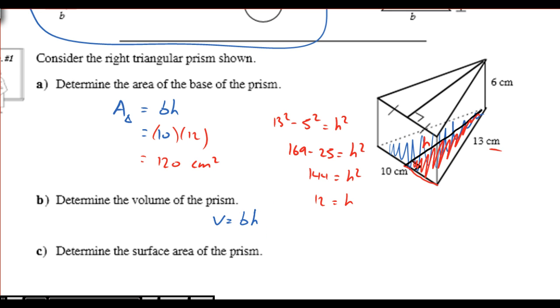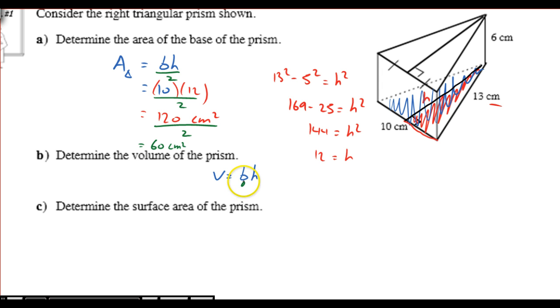Oh, look at that! I made a mistake up here. You have to divide everything by 2 in order to get the area of a triangle. I was doing the area of the square there, so it's 60 centimeters squared. I'm sure most of you have caught that one. Okay, here we go. The volume of this is the area of the base, and maybe you can put a little subscript there, area of the base times the height.